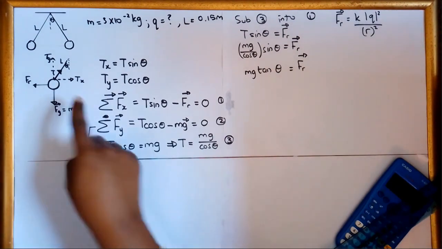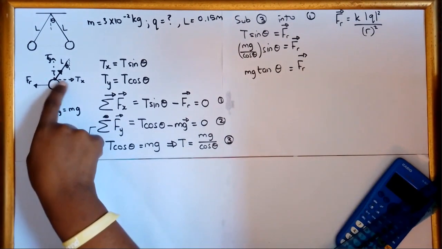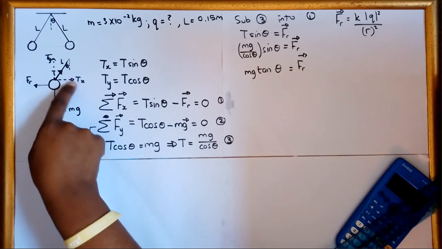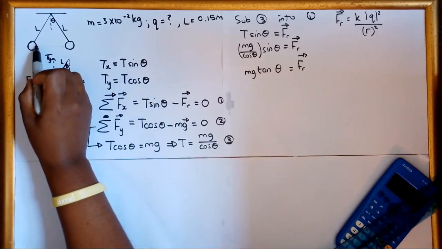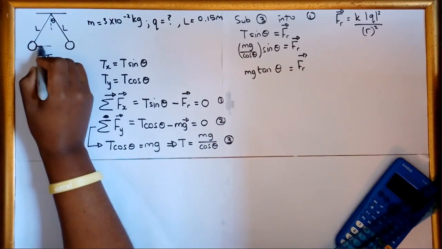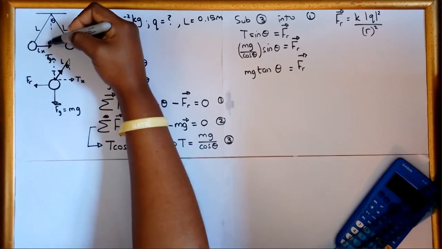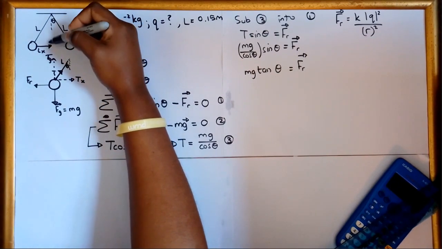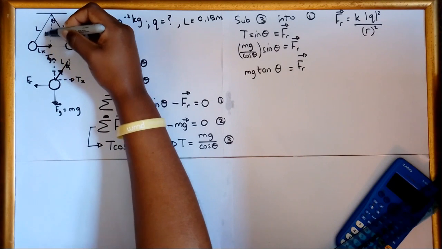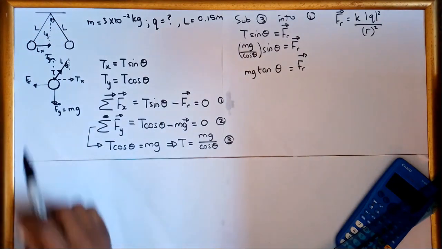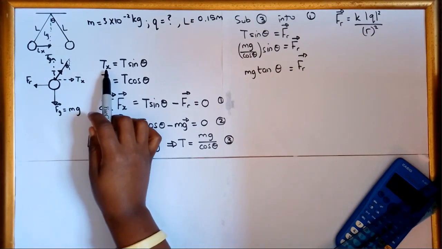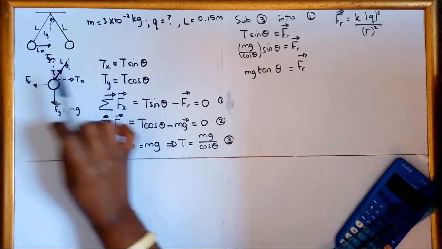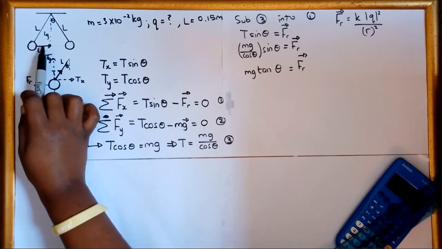Now, when it comes to the distance between the spheres, R, we know that for the tension force, the distance between here and here is Lx, and the distance between here and here is Ly. Lx is the same as Tx, your tension force in the horizontal component.